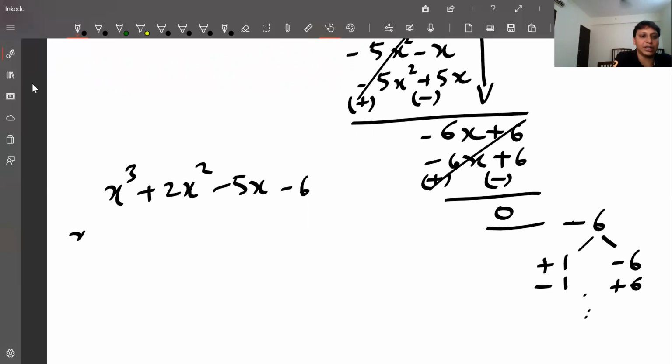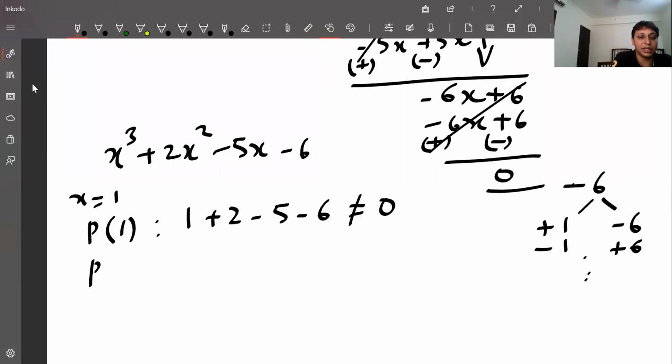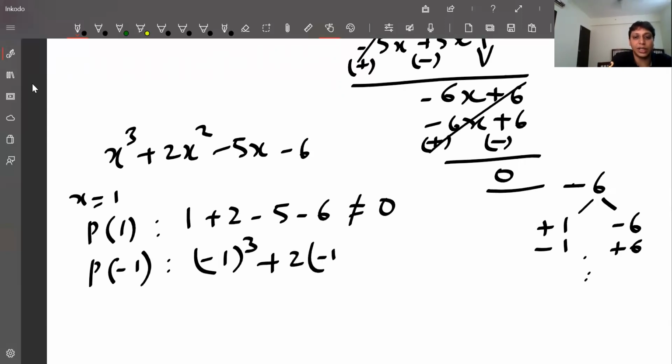So when you take x is equal to 1, p of 1 will give us 1 plus 2 minus 5 minus 6, which clearly says that it is not equal to 0. Now when you plug in minus 1 in place of x, it is giving us minus 1 whole cube plus 2 into minus 1 whole square minus 5 into minus 1 and minus 6.